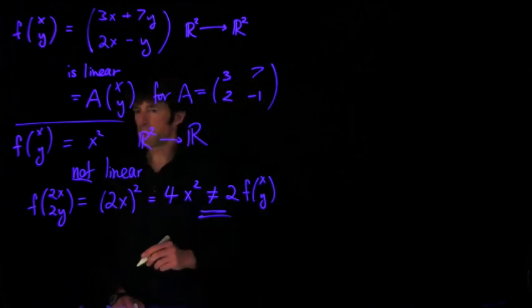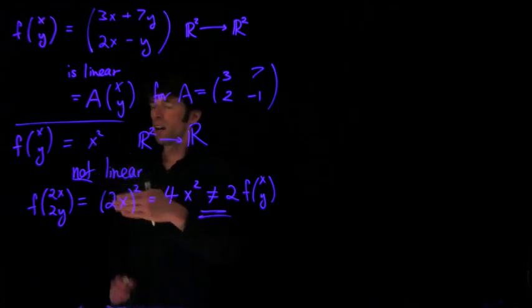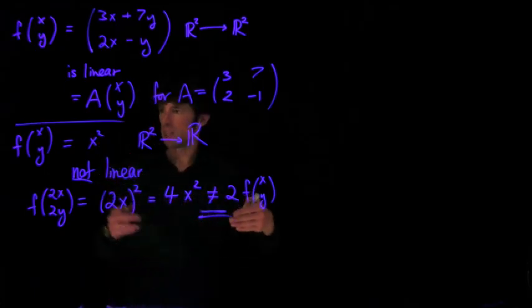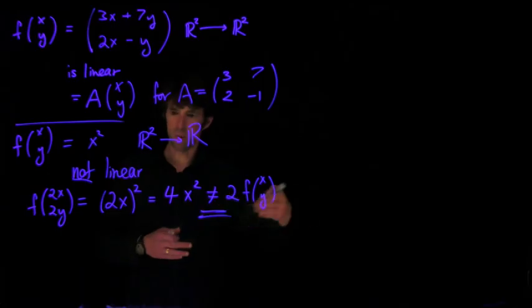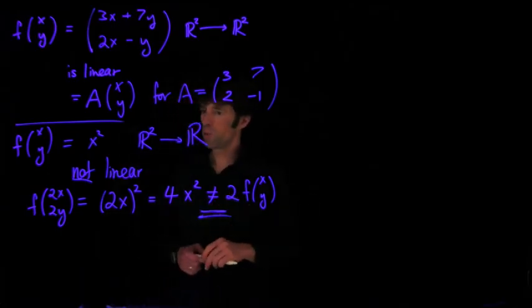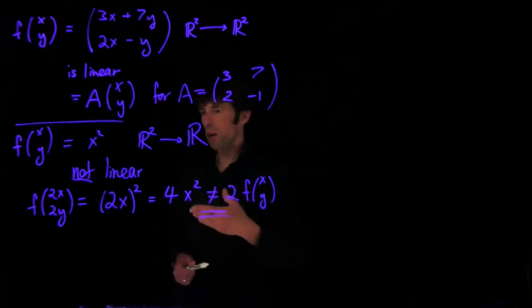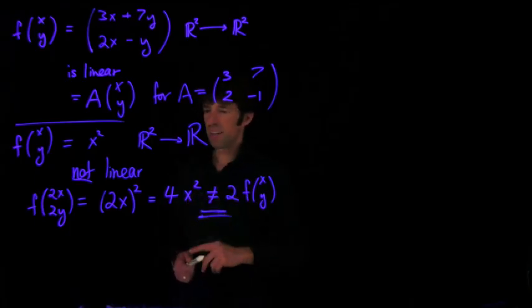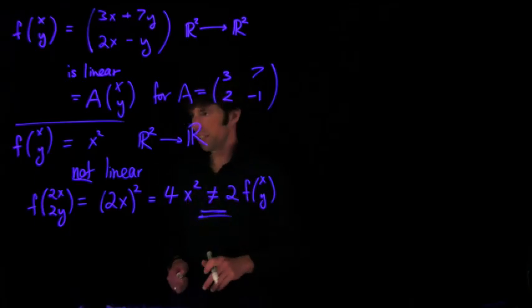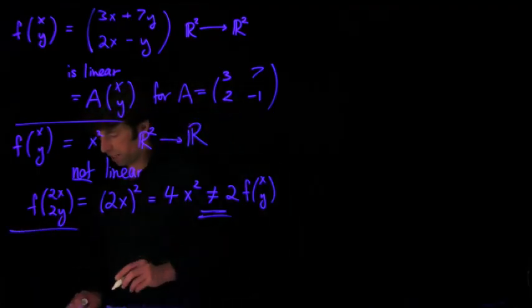So that's one way a function can be not linear. It can have some terms which are not just a sum of numbers times x's and y's, or x's, y's and z's. If you see some x squareds or y cubeds or an x times y, if you see something which is a polynomial of degree greater than 1, then the function you're looking at is not linear. One more example of a way something can fail to be linear.